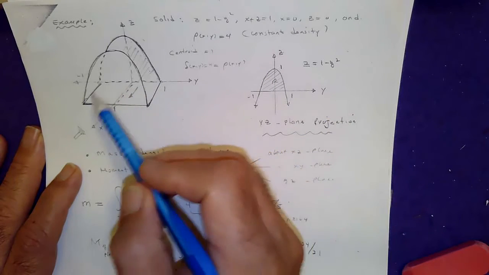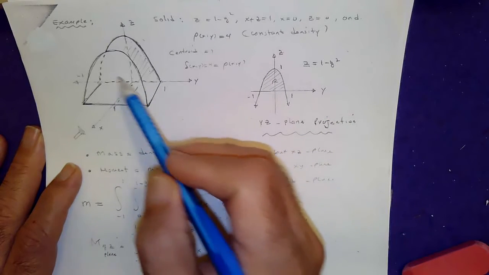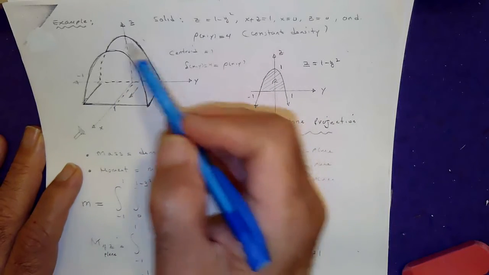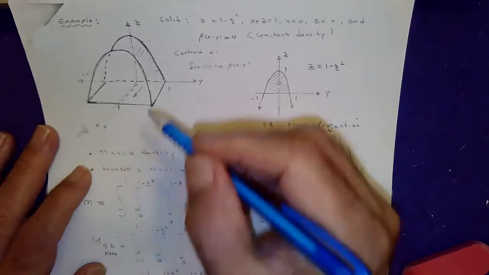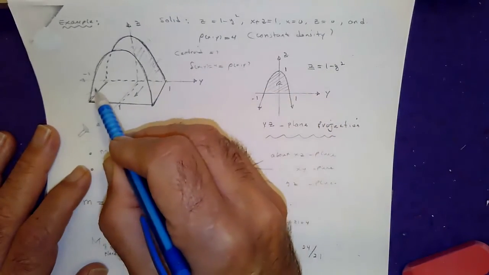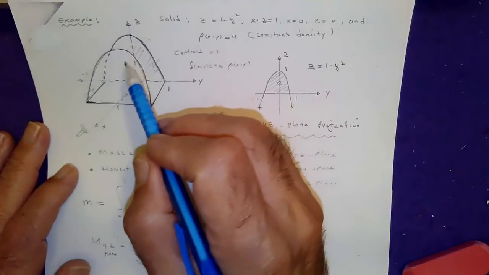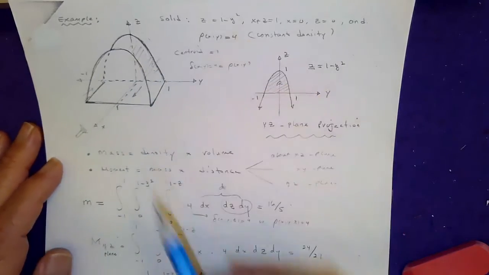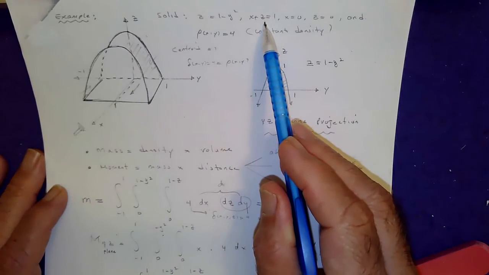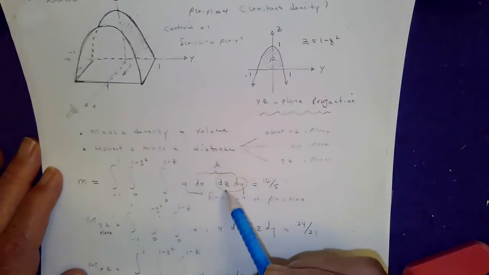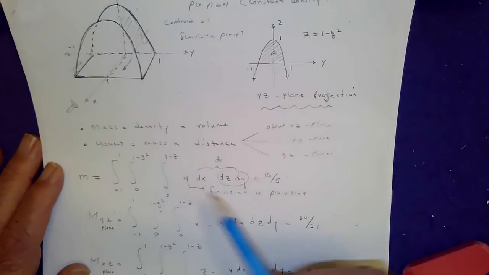The front is the plane, and you can notice how flat this is. The sides are planes, but the top of the solid is that cylindrical surface. So you solve this for z, so for x, that will be 1 minus z.